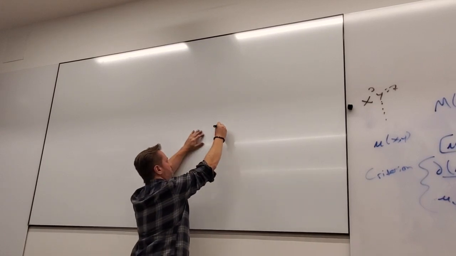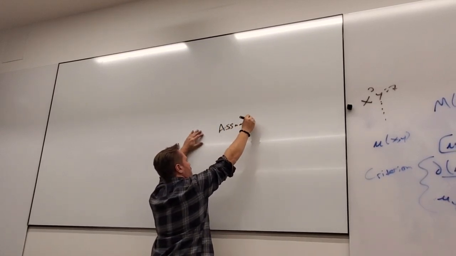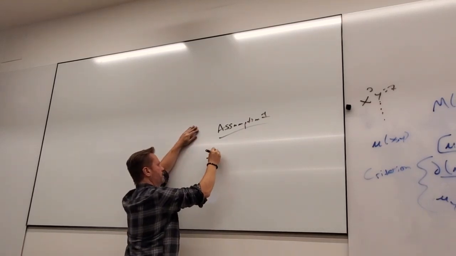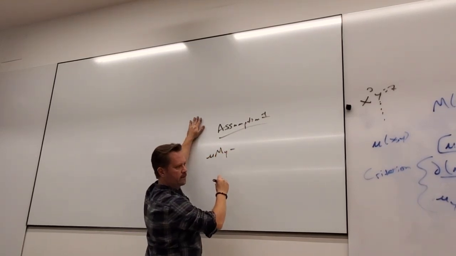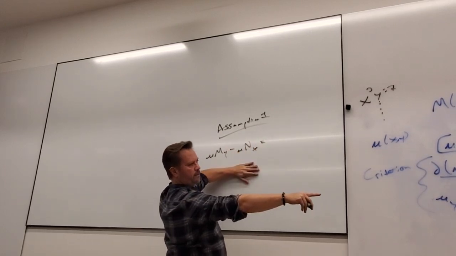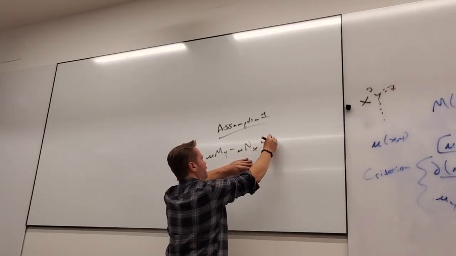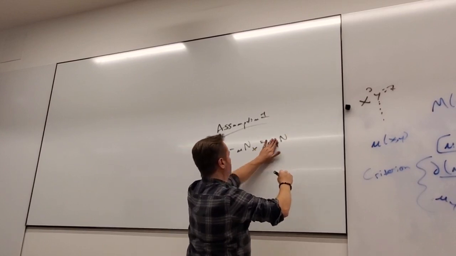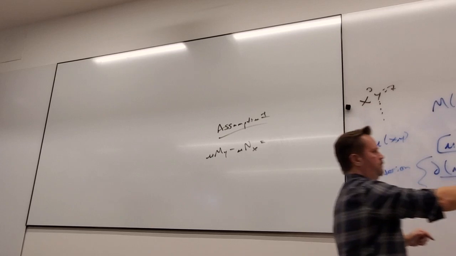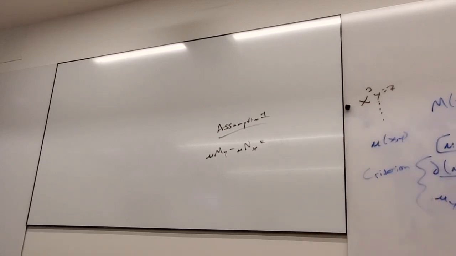Looking at assumption 1, let's see what that leads us to. Where we are now, what does it become? mu_y M minus mu_x N equals, mu_x is mu_x, so mu_x N. But let's replace this with something better. Can somebody tell me what mu_x would be? Is it really a partial if it's just a function of x?